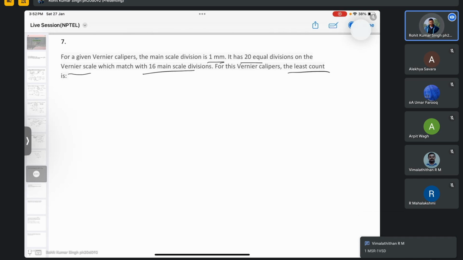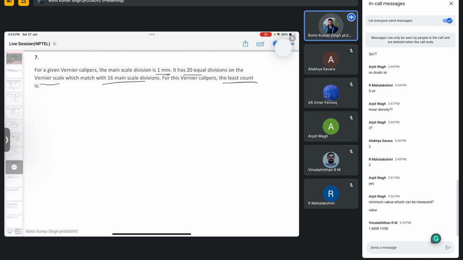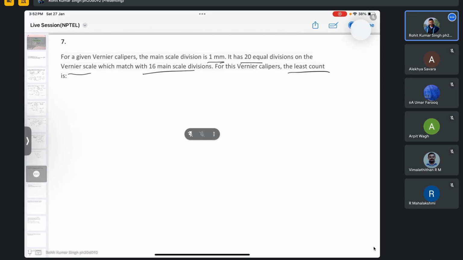So Vimal says the formula is 1 MSD minus 1 VSD. Okay, let me just write it. So least count is 1 MSD minus 1 VSD.